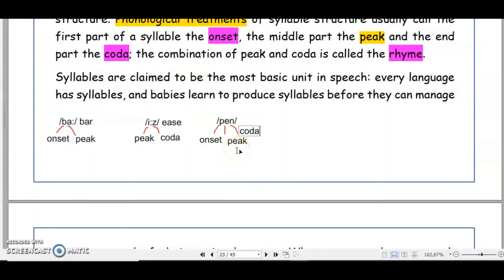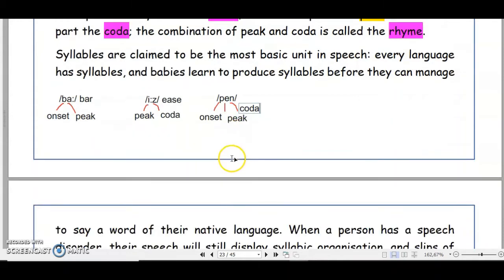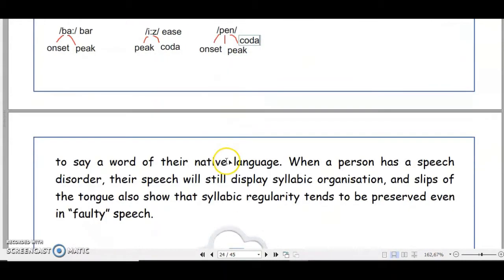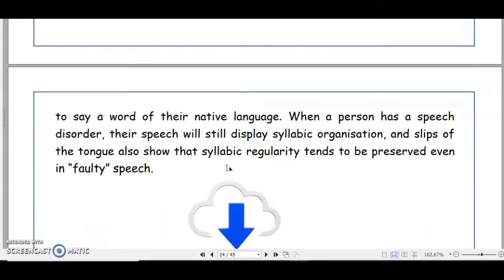Syllables are claimed to be the most basic unit of speech. That's why a one-syllable word such as no or yes is a basic unit of speech. Every language has syllables, and babies learn to produce syllables before they can manage to say a word in their native language.